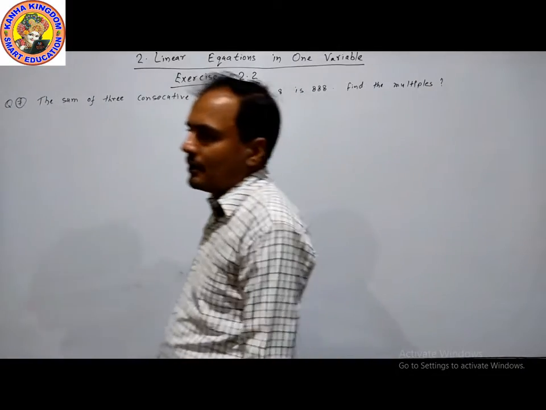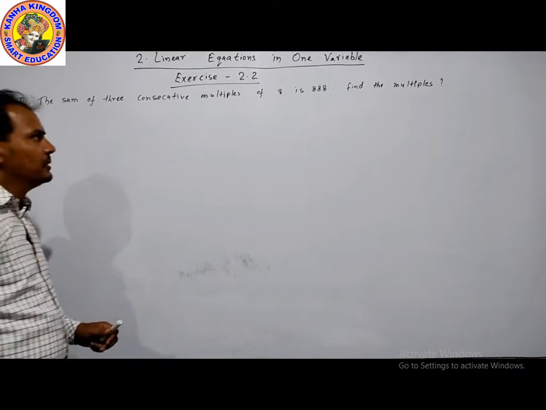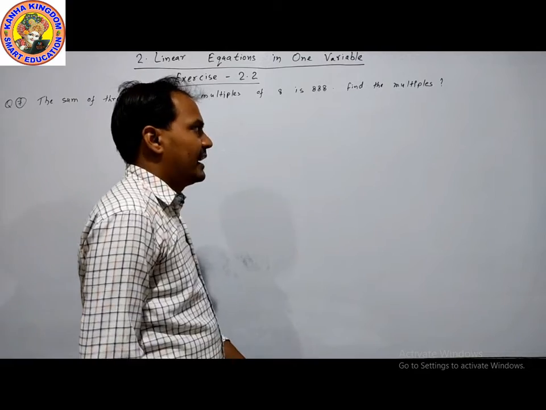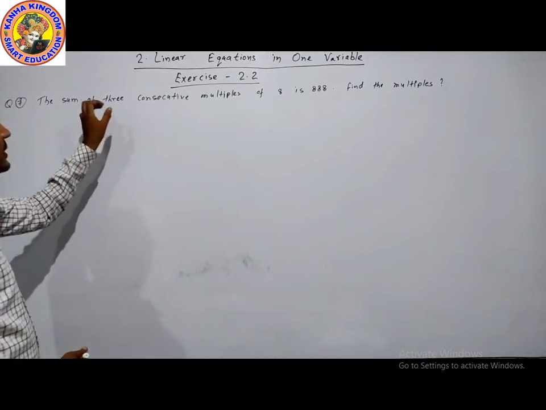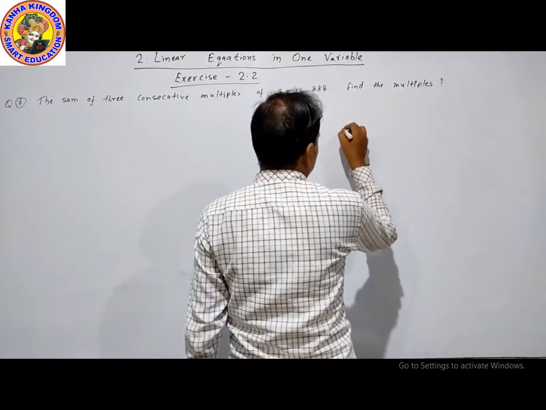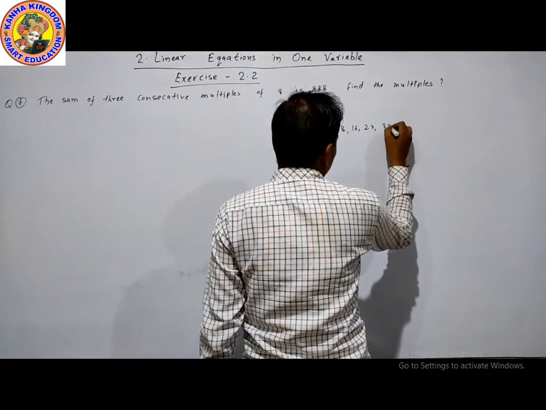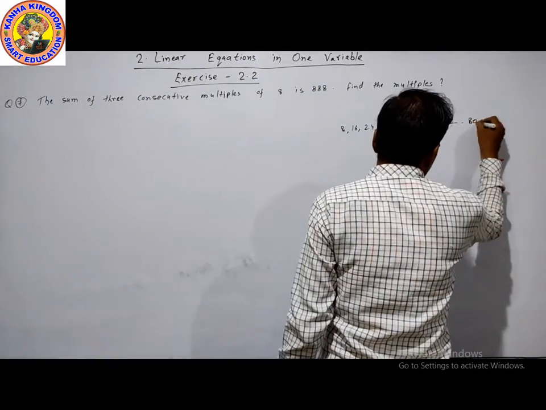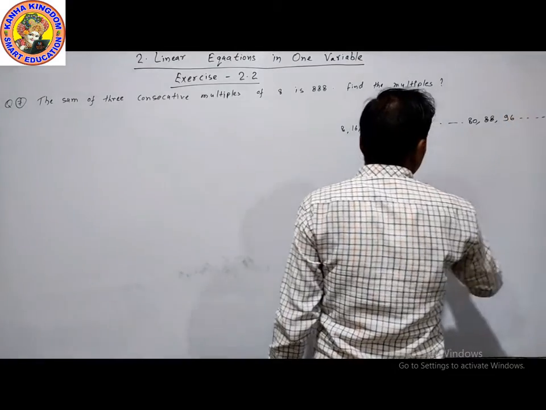So students, our next question is: the sum of 3 consecutive multiples of 8 is 888. Find the multiples. What is a multiple of 8? Multiples of 8 are the table of 8: 8, 16, 24, 32, 40, 48 and so on, 80, 88, 96 and so on.